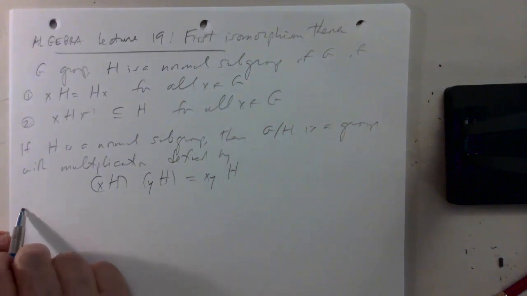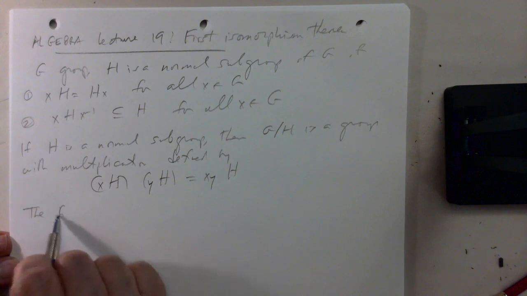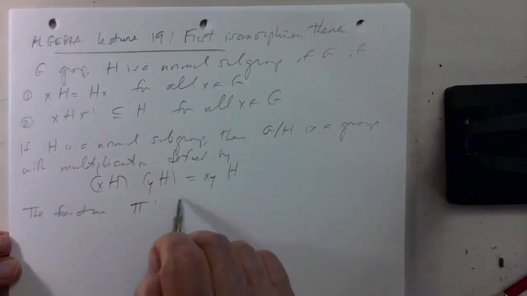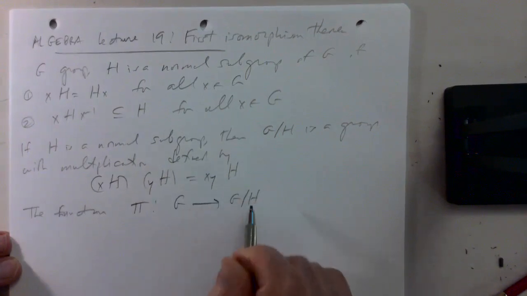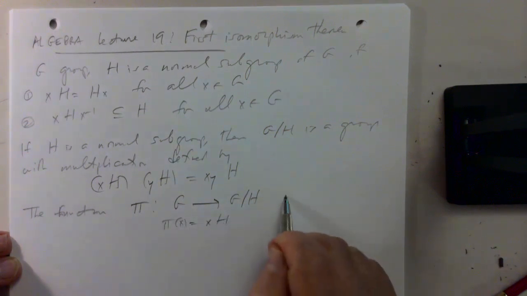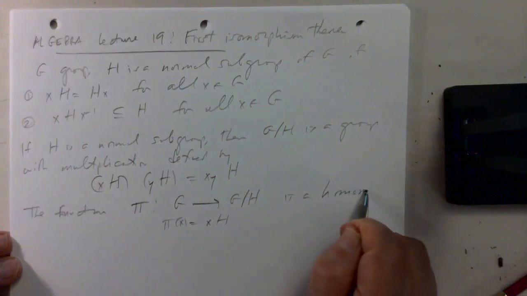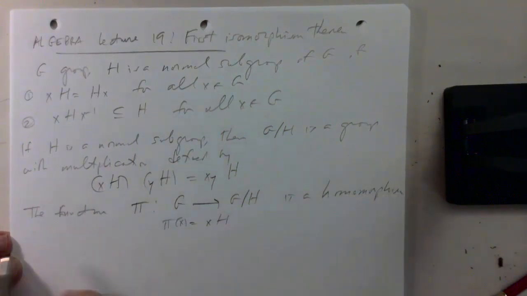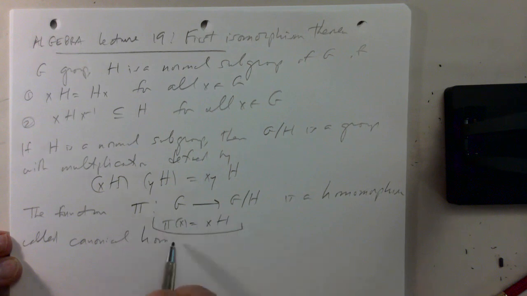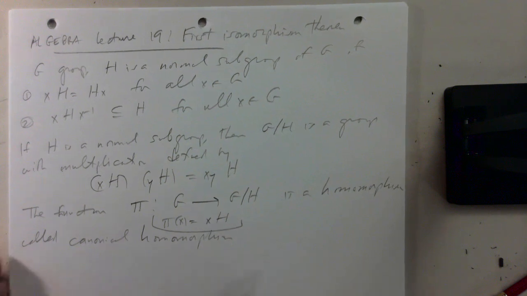And the function pi from the group into the quotient group, defined by pi of x equals the left coset xH, is a homomorphism. It's called the canonical homomorphism. So it's a sort of fundamental homomorphism, and that's what it is.